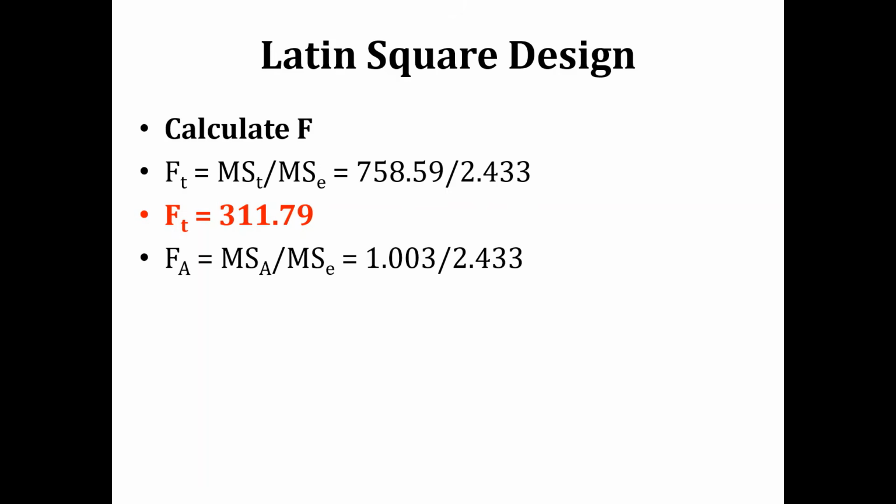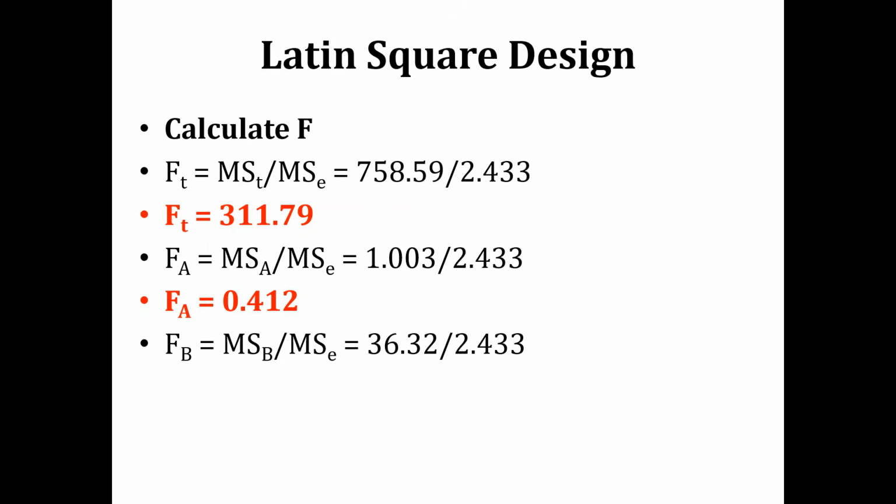Now we calculate the effect of the gradient A, which is our road gradient. So for that purpose, the MSA, the variance A, is going to be divided by variance error. So we have 1.003 divided by 2.433, and we have the F value, which is less than 1. So this is probably going to be non-significant, right? Because this is less than 1.